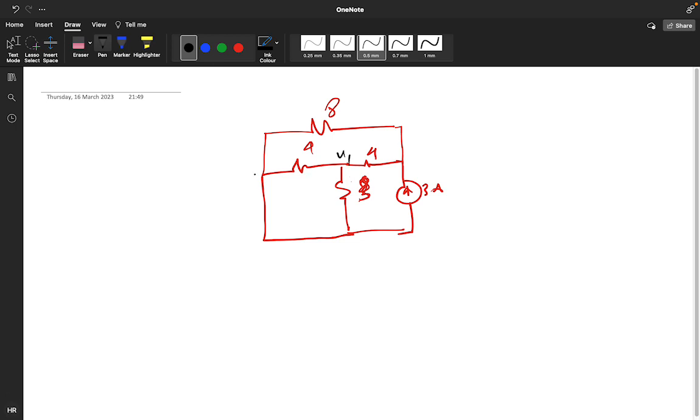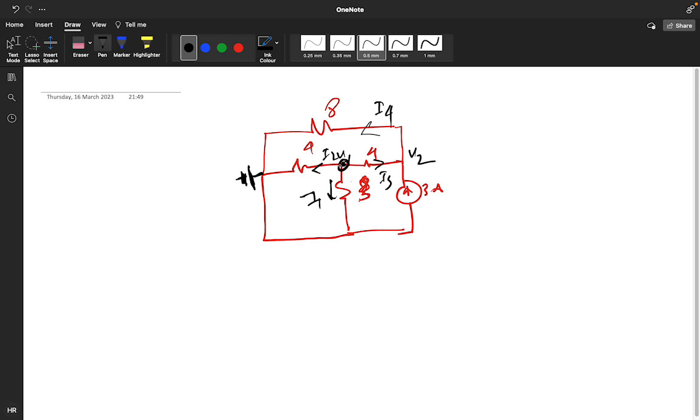Take it V1 here, make this as a ground, make it V2 here, apply the nodal analysis, assume I1, I2, I3, and this particular I4.